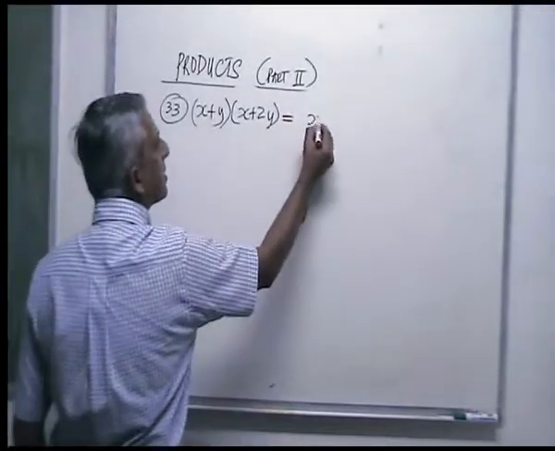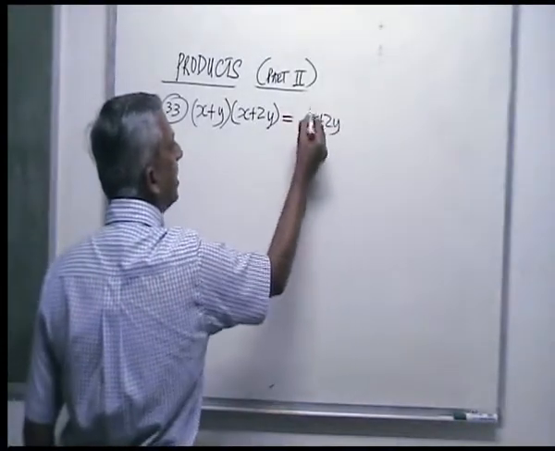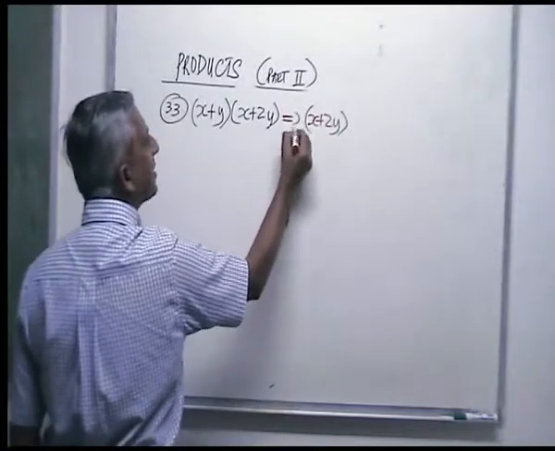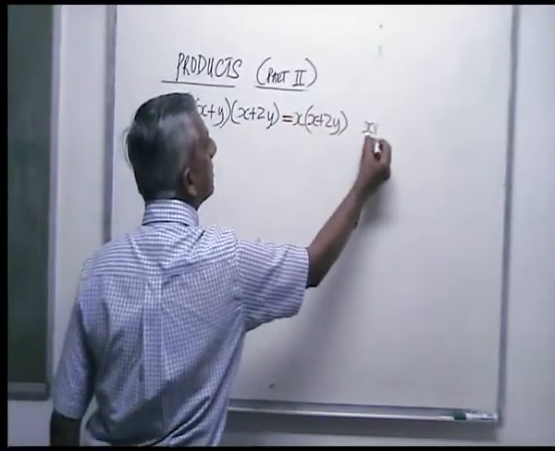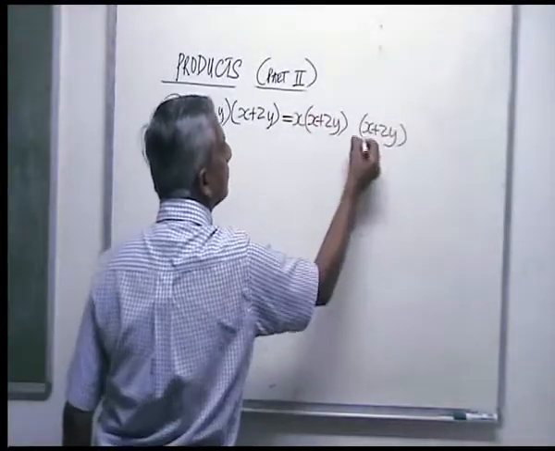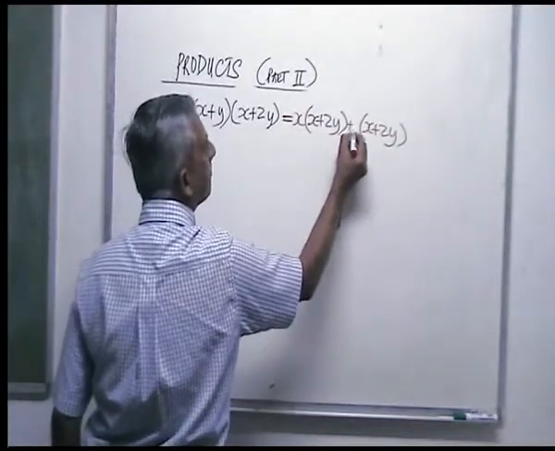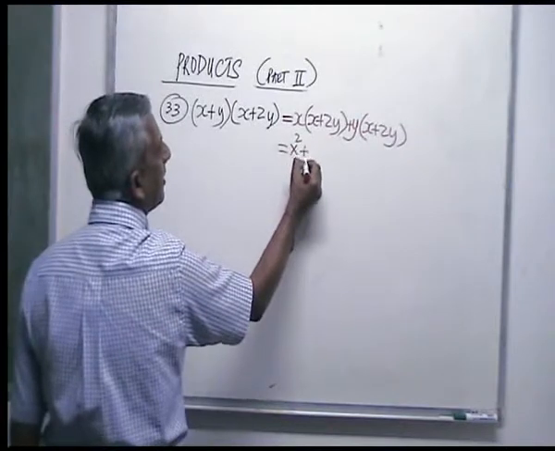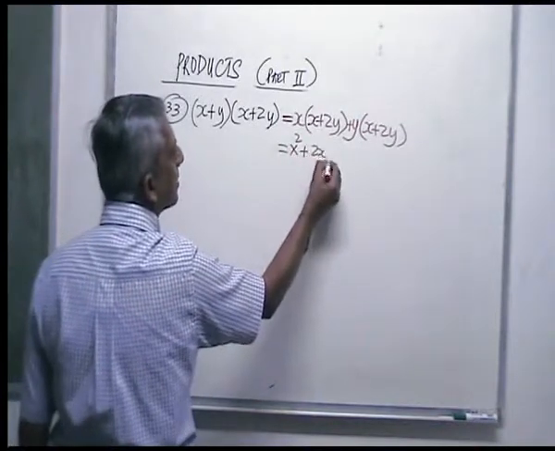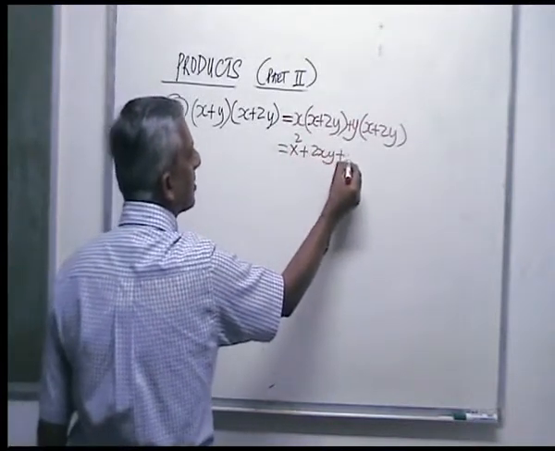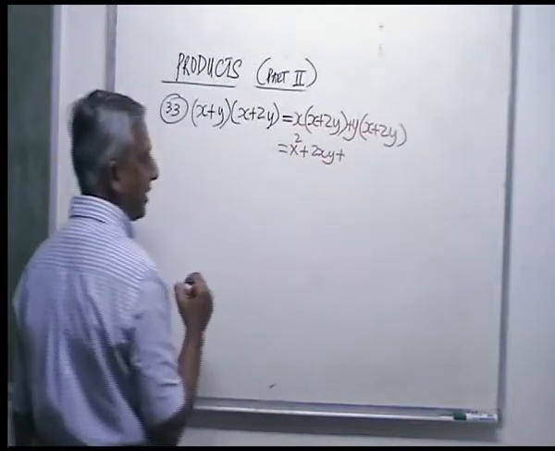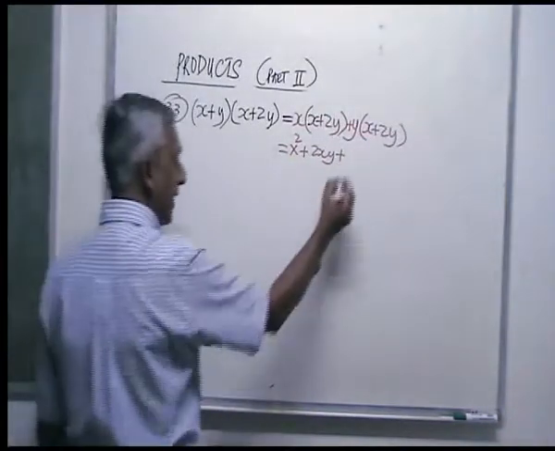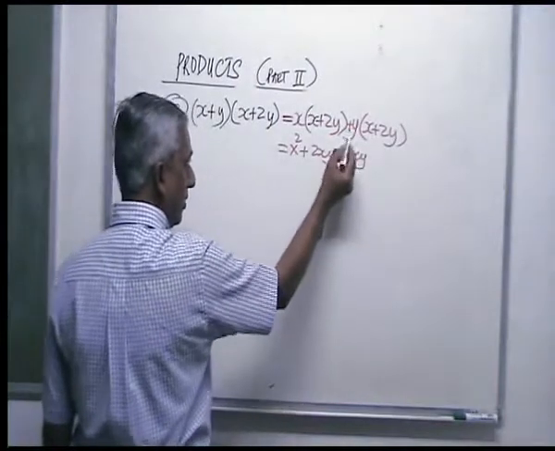Alright, so here are your answers. I'm not going to talk too much unless it needs an explanation. So that gives you x squared plus 2xy plus, you see, y times x is the same thing as xy, alright?